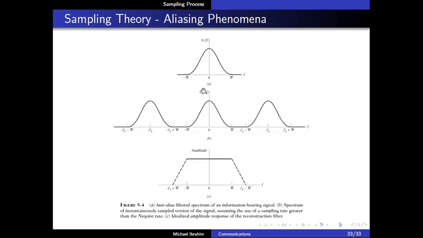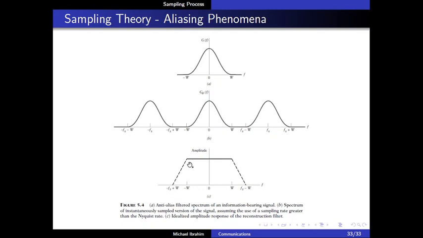If this is the original signal, and we have sampled it with Fs slightly larger than 2W, we have this guard band, this separation between the original spectrum and the repeated spectrum. This guard band will allow us to design a practical, realizable filter, so it doesn't have a sudden change.